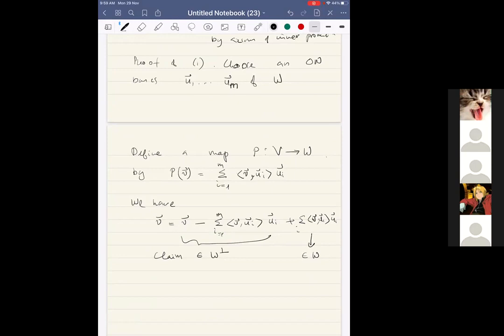So let me repeat what we are doing. We start with a finite dimensional vector space, real or complex, it doesn't matter. Then we remark that given a subspace, it has supplements, but not unique.